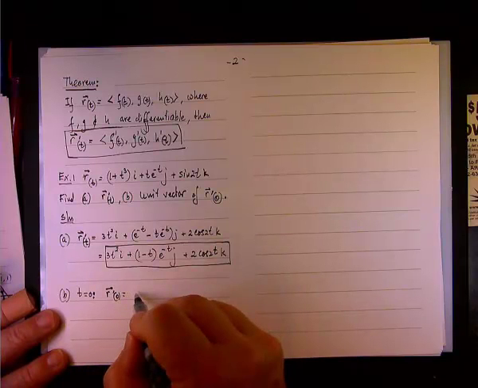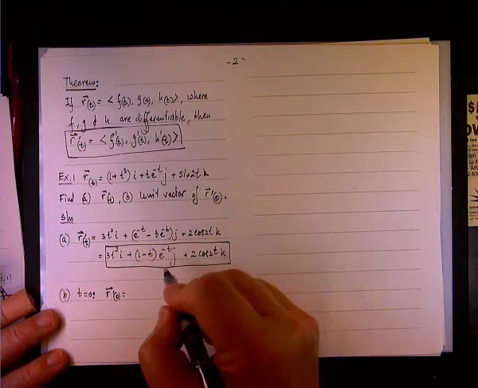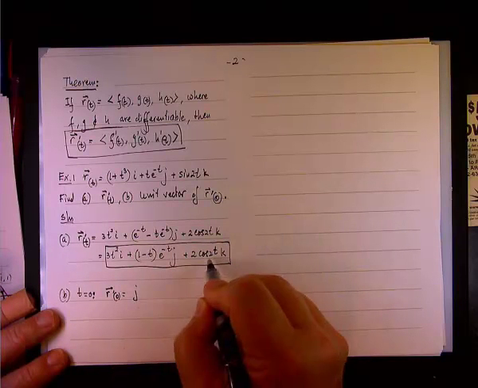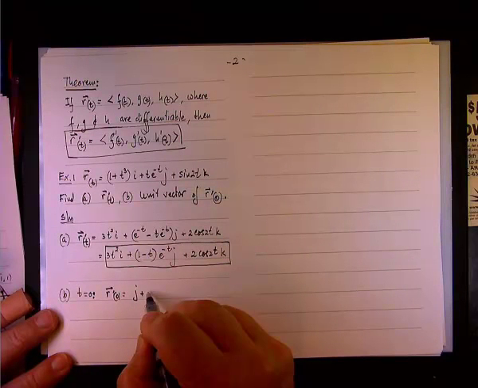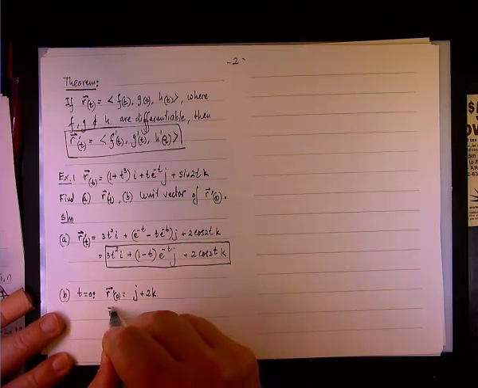So when t equals 0, we have r prime of 0 equals 0i, and e to the negative 0 is 1, so we have j, and cosine of 0 is 1, so we have j plus 2k.